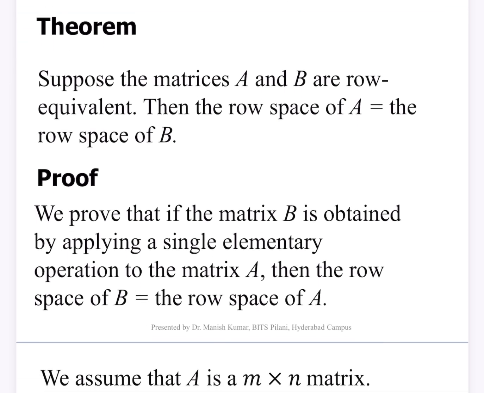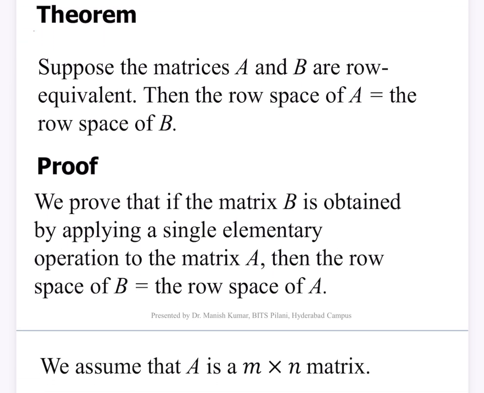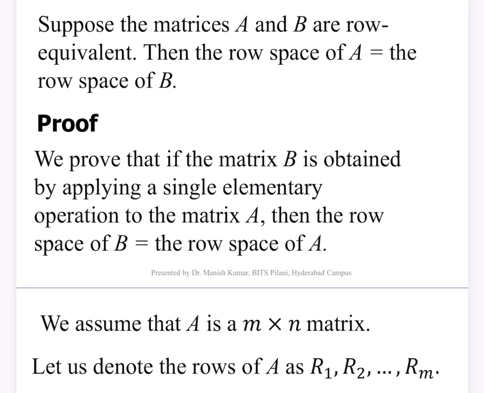So now there is another important theorem. Let us have a look at this theorem. Suppose the matrices A and B are row equivalent, then the row space of A is equal to the row space of B. This is a very, very important result. The proof is very trivial.